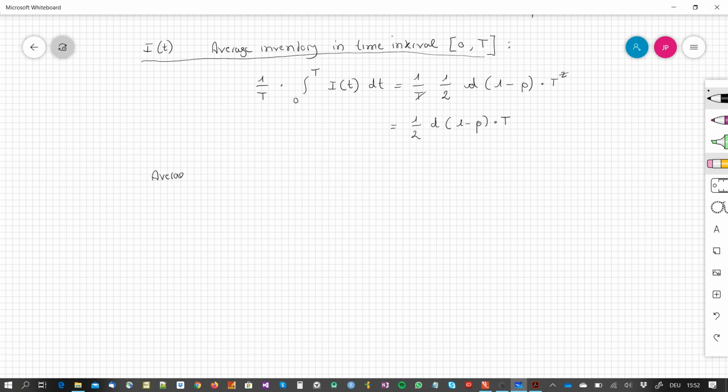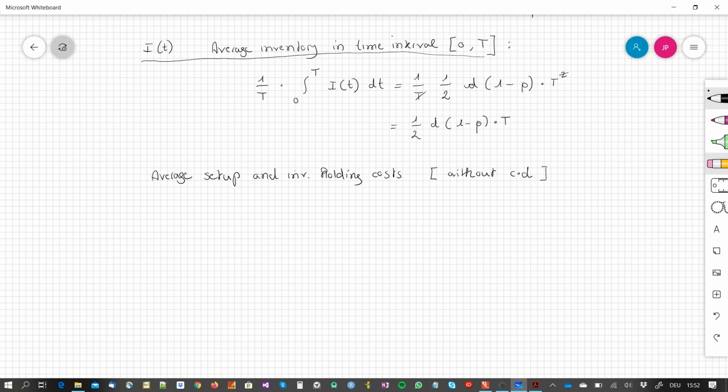So the average setup and inventory holding costs are then given as follows. So I do not take the purchasing into account. So C multiplied by D drops out because it does not depend on the order quantity.